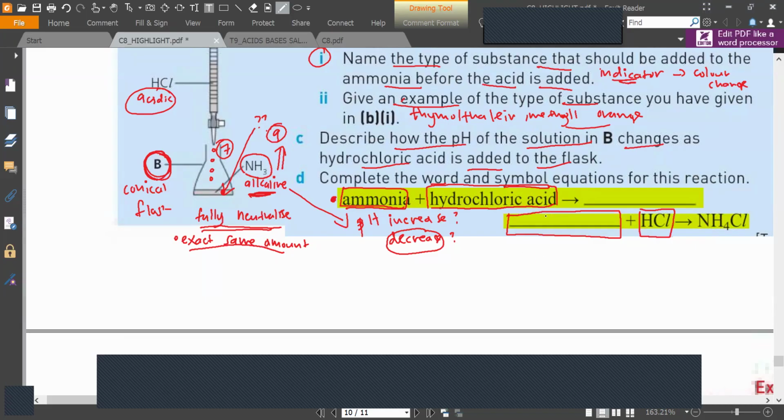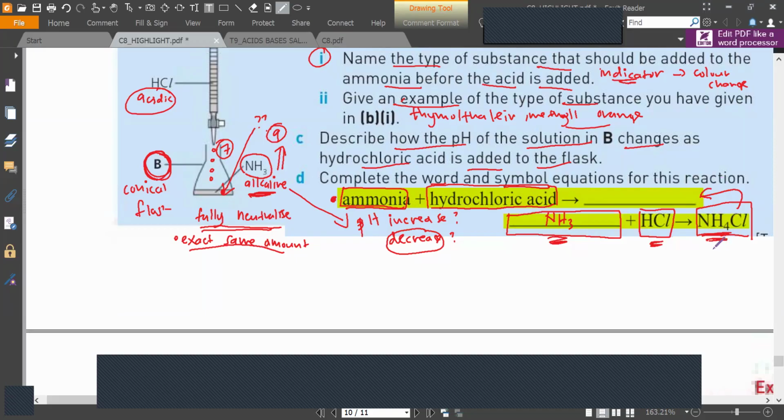NH3. Correct. So for the symbol equation, NH3 plus HCl gives us NH4Cl.